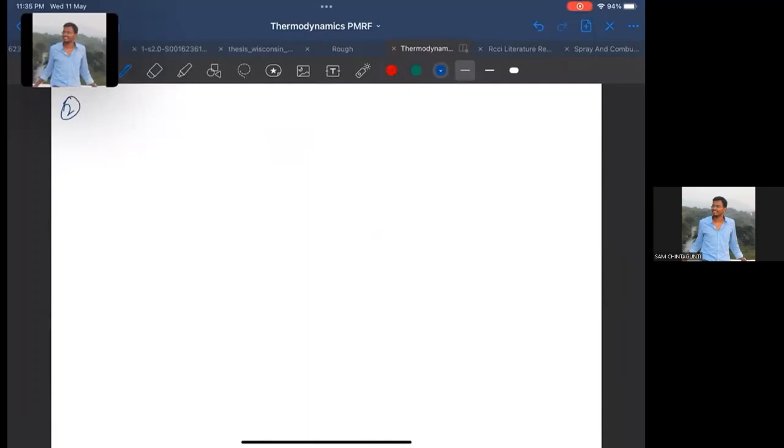Okay, in the second question, a Carnot refrigerator is working between reservoirs of minus 30 degrees centigrade and 44 degrees centigrade. What is the coefficient of performance? If the actual refrigerator has a coefficient of performance that is 70% of the Carnot value, estimate the refrigerating effect per kilowatt of power consumption. So it is given that Carnot and it is a refrigerator.